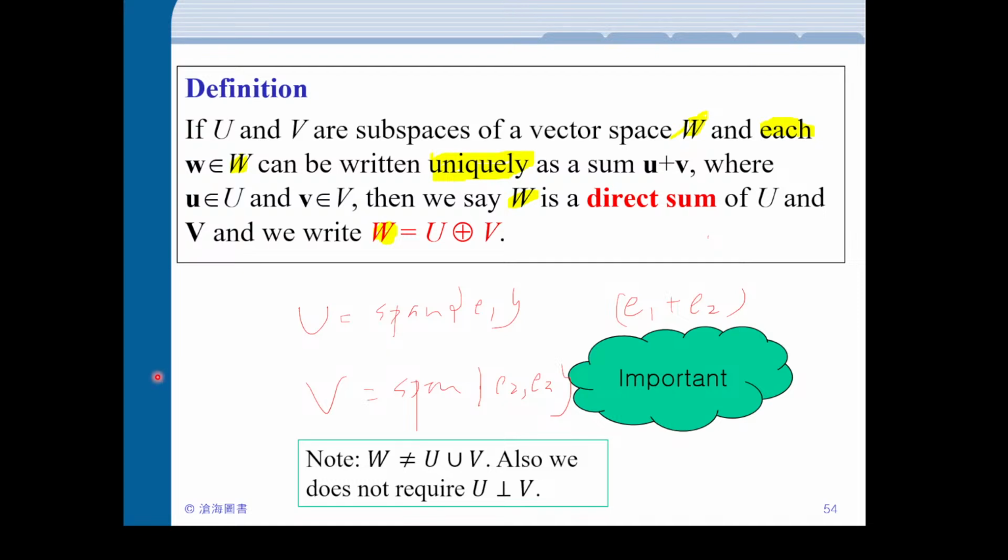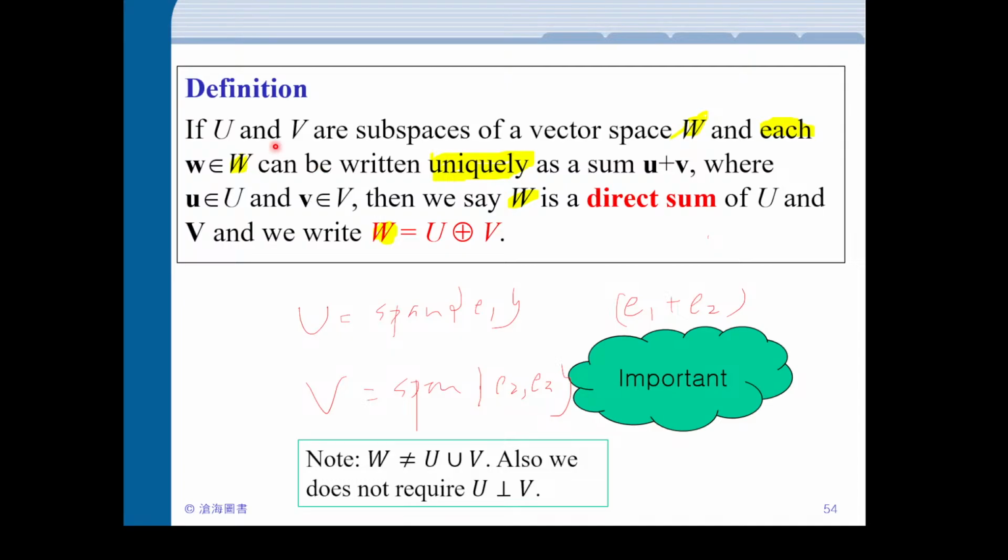And the technical definition is that each thing inside W can be written uniquely as something inside U plus something inside V. In this definition we need to be very careful, because every word is important: each and uniquely.